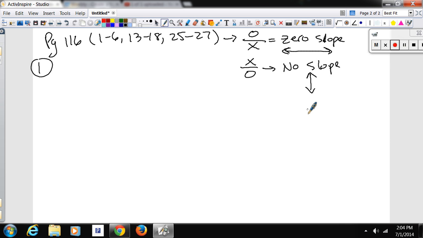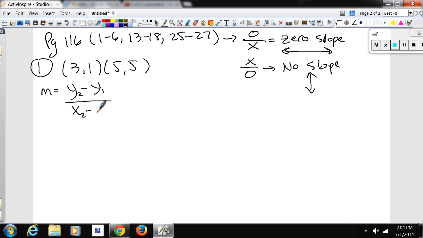If you look at number 1, you've got 3, 1, and 5, 5. Your slope formula, which you should write down, is y2 minus y1 on top, over x2 minus x1. You can count whatever point you want to be x1 and y1, and then x2 and y2.